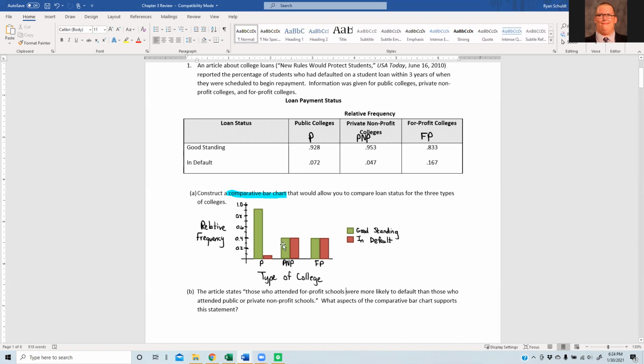Now let's go on to private nonprofit. We need to be at 0.953. So perhaps that's about right there. And default is 0.047.